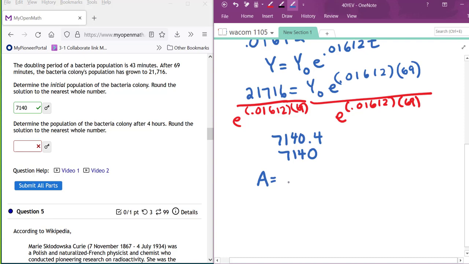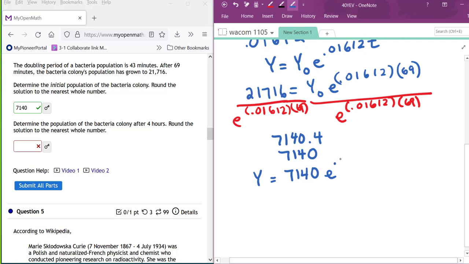Our initial is what we just found, the 7140 in the step above. And I should not have switched to an A there. So Y. This is our Y sub 0 that we just found.